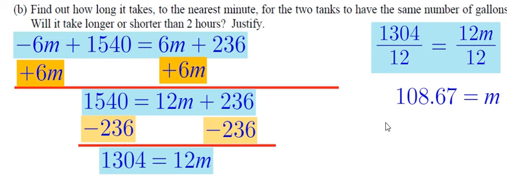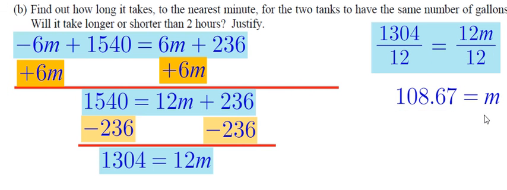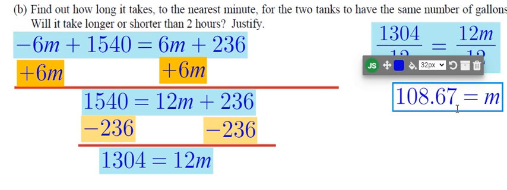Now we come back to the context of the problem. Remember what our variables mean. V is the volume of water in the tank. M is the number of minutes. 108.67 is how many minutes it takes.